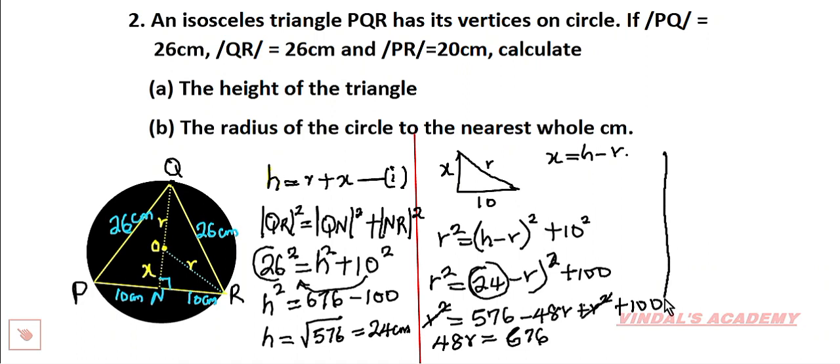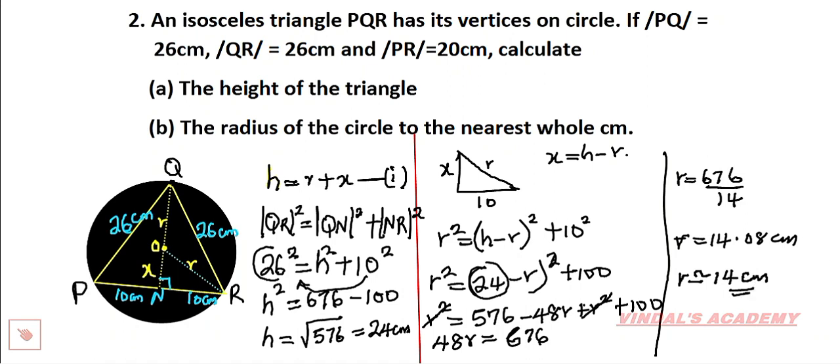Then R is equal to 676 divided by 48. R is equal to 14.08 cm, but let's say to the nearest number, R is 14 cm. This is the answer for number 2.